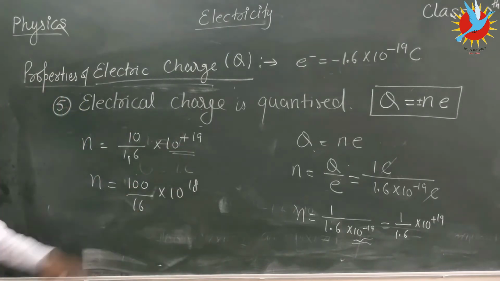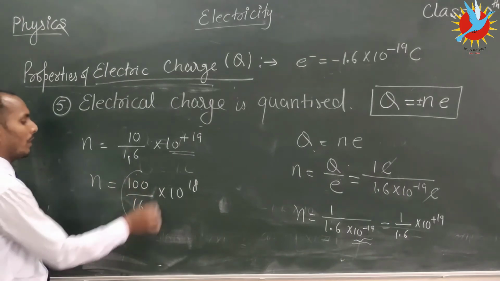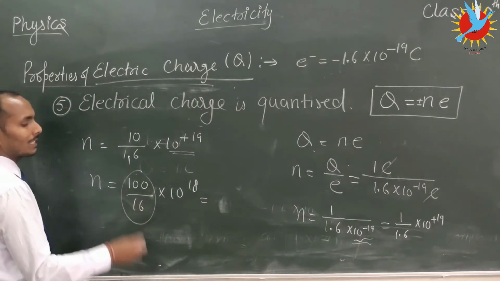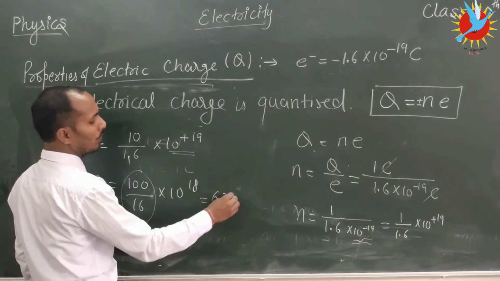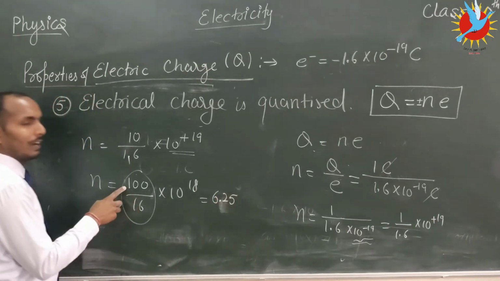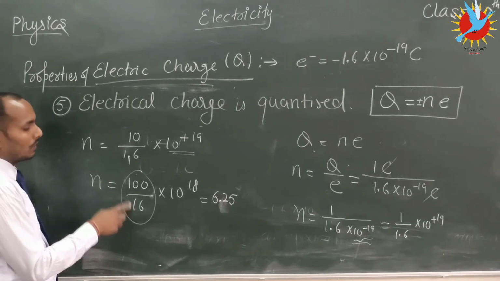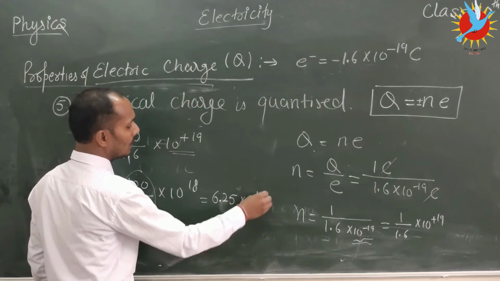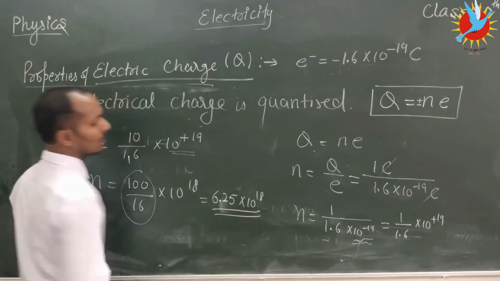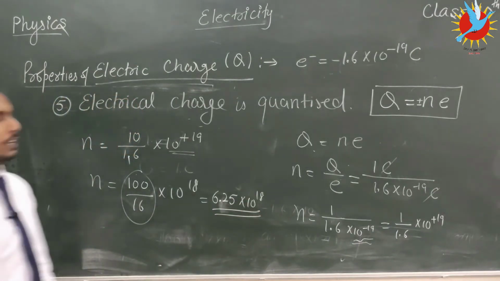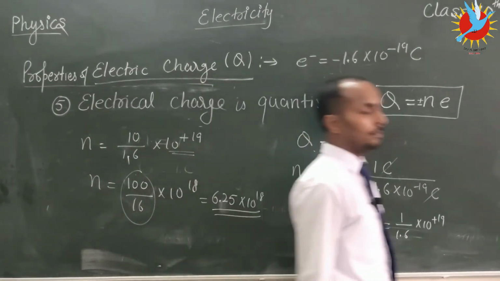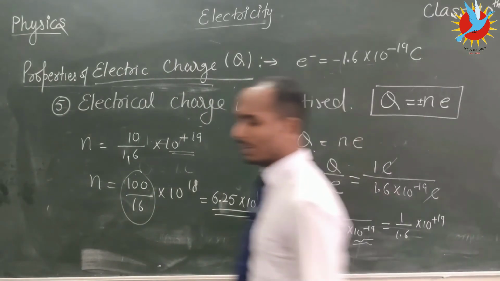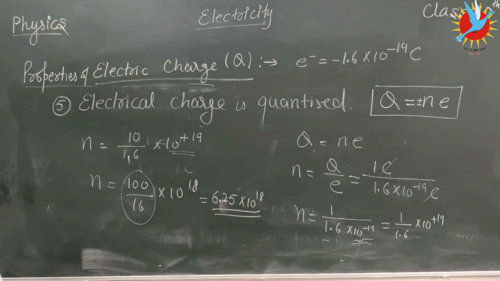When you divide 100 by 16, you get 6.25 into 10 raised to power 18. So this is the answer. 6.25 into 10 raised to power 18 electrons are required to develop 1 coulomb of charge. So a large number of electrons are required to develop 1 coulomb charge.